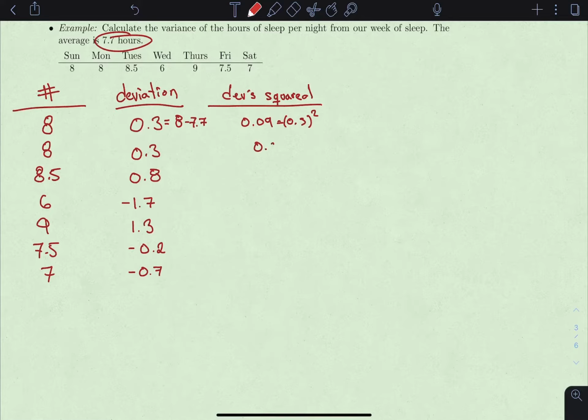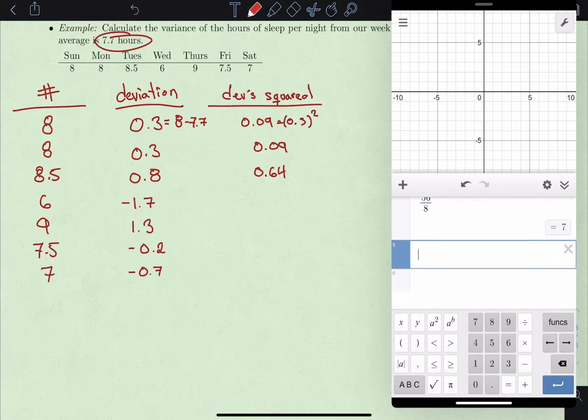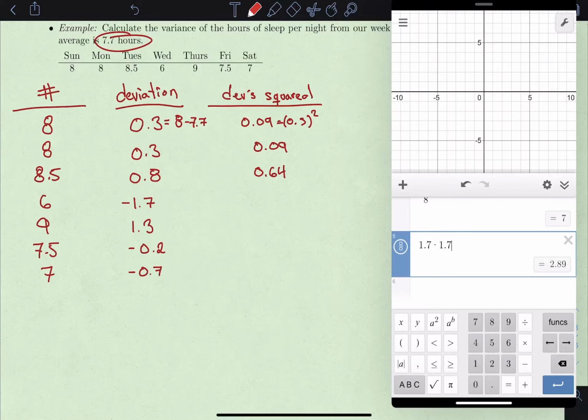This one's going to be the same. 0.8 times itself is 0.64. Just do 8 times 8 is 64, and then you have to move the decimal place over twice. 1.7 squared, 1.7 times 1.7. That one's 2.89. And notice I didn't do the minus signs.